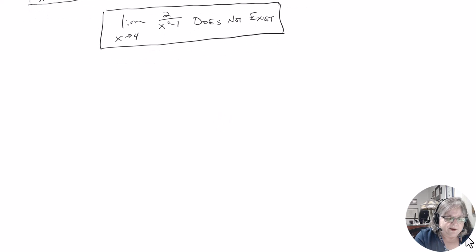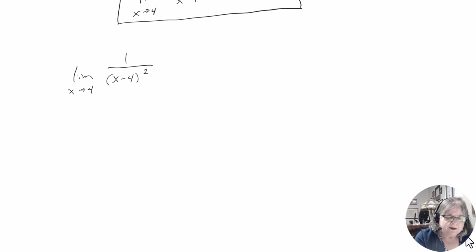Let's do just a variation on this. Limit as x approaches 4 of 1 over x minus 4 squared. Okay? Now this is a two-sided limit, so they're not going to remind you about this on a questionnaire or a homework or a test.